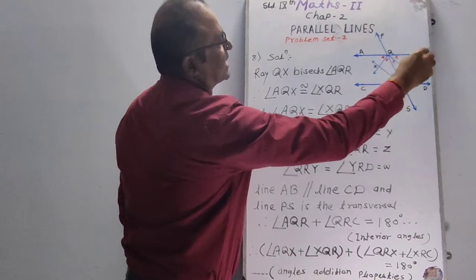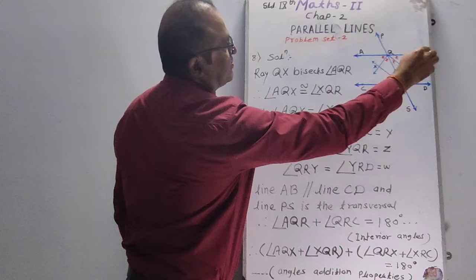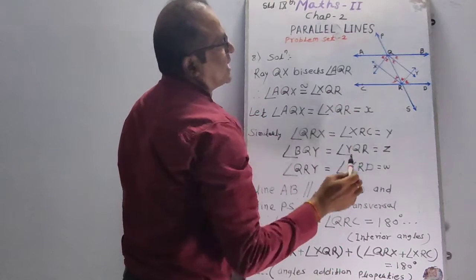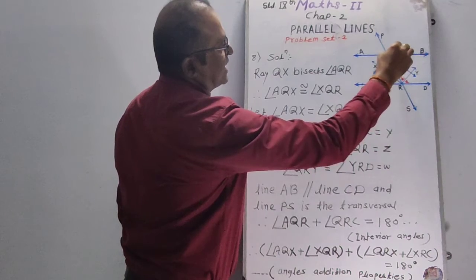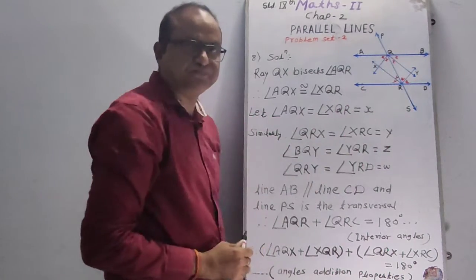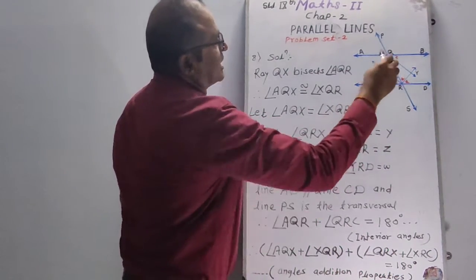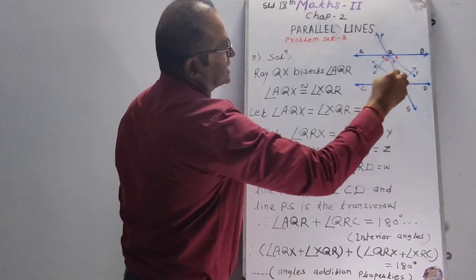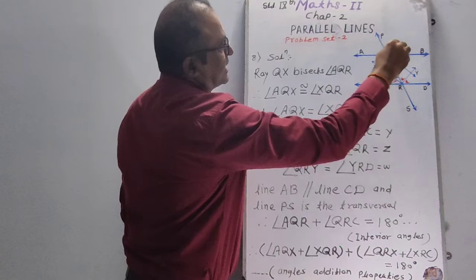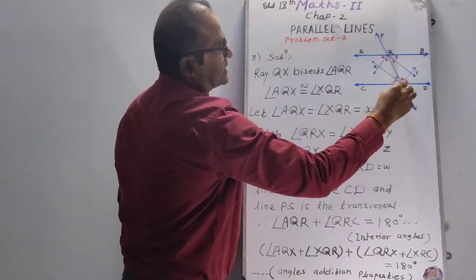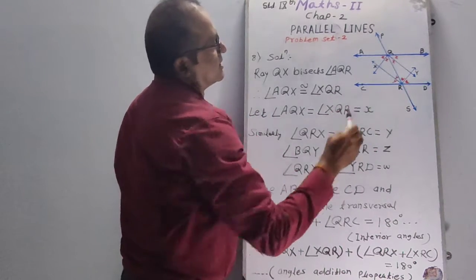Ray QY is the angle bisector of angle BQR, and ray RY is the angle bisector of angle QRD.